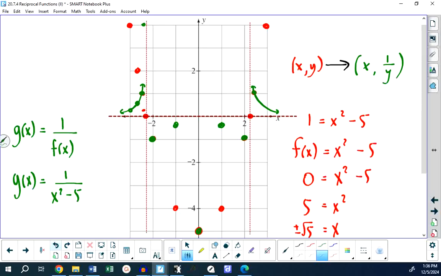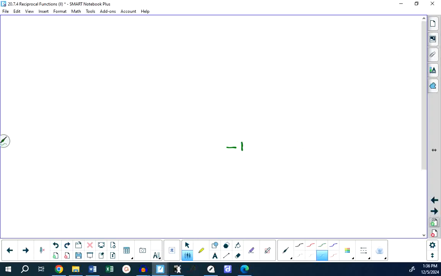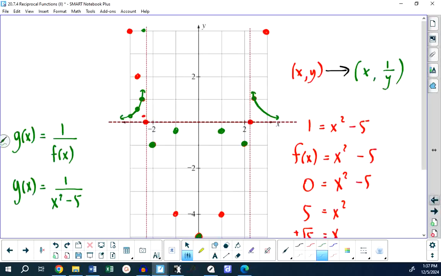Now, -1/4 is this number. -1/5 is this number. Pretty darn close, aren't they? But -1/5 is closer to the x-axis than -1/4, which means, and that's kind of why I put these -1/4s where I did, because I know it has to go up even further than those 2 points.